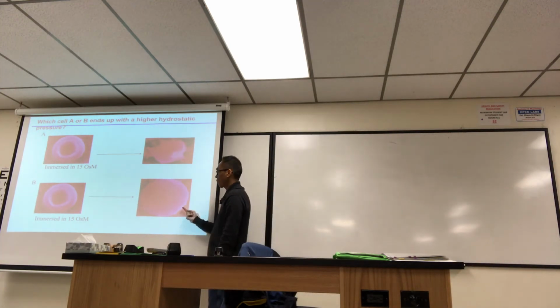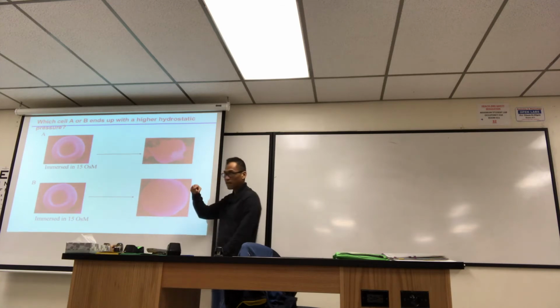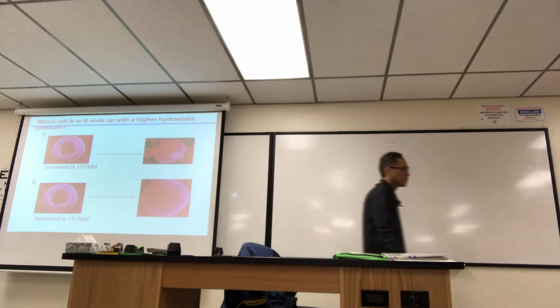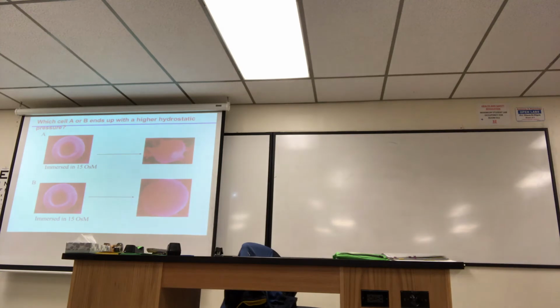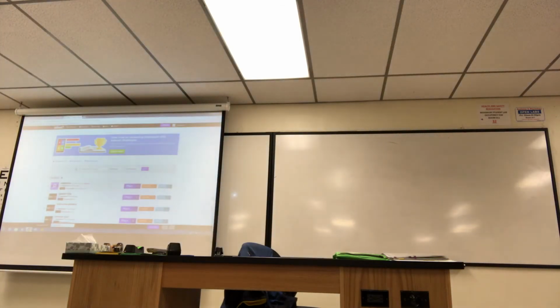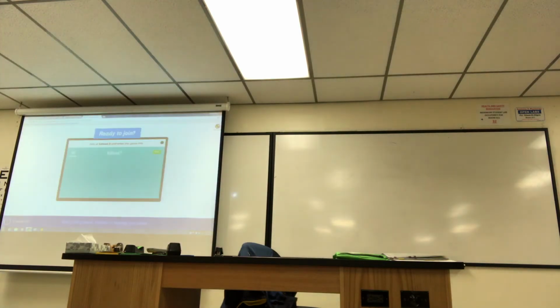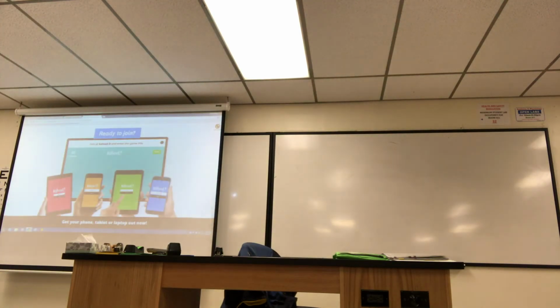If you have a phone or other mobile device, get it out. I use something for class interaction called Kahoot. It's an online quiz. It's not for your grade, just for fun.